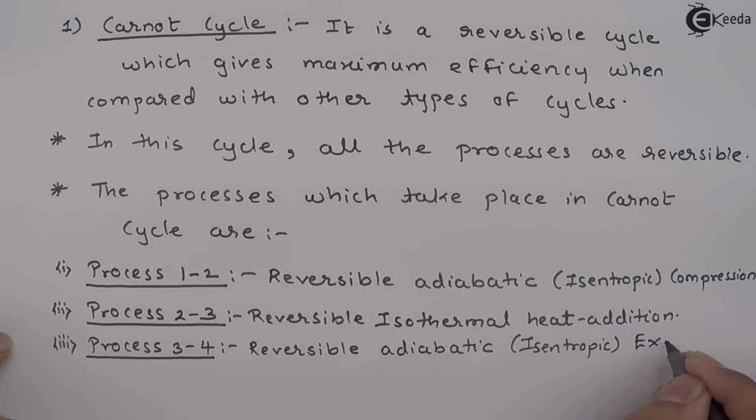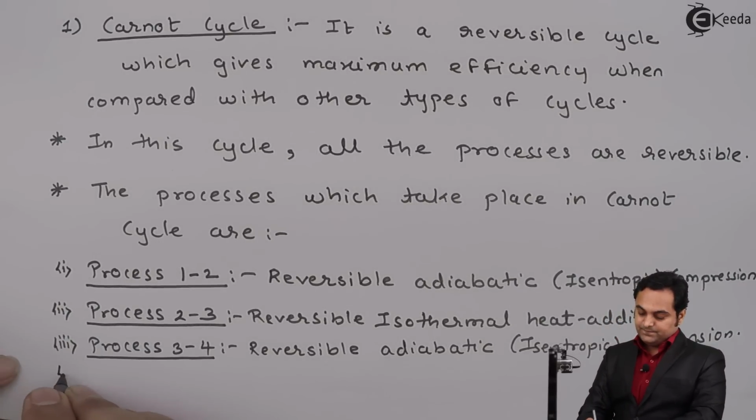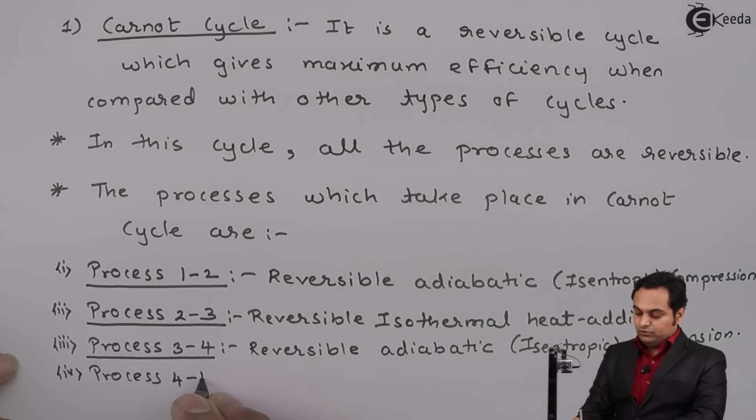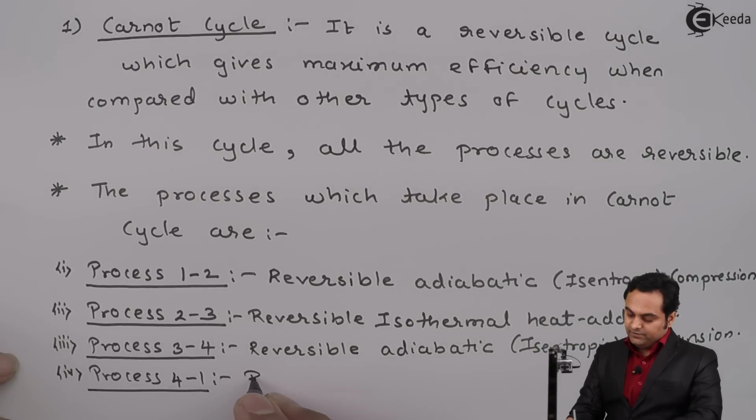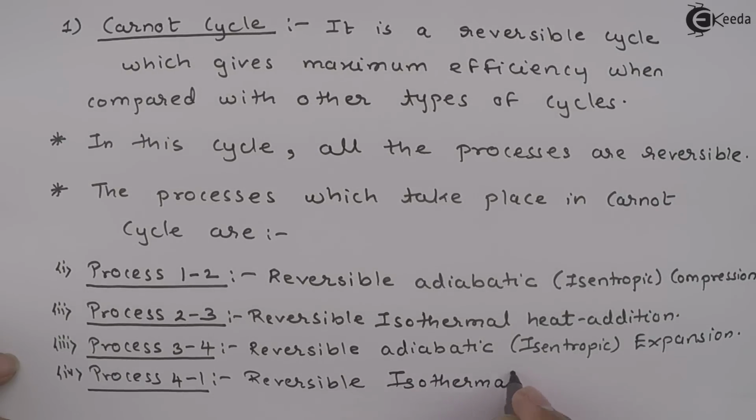After compression, heat addition, there will be expansion. Then at last, during process 4 to 1, there will be reversible isothermal heat rejection.